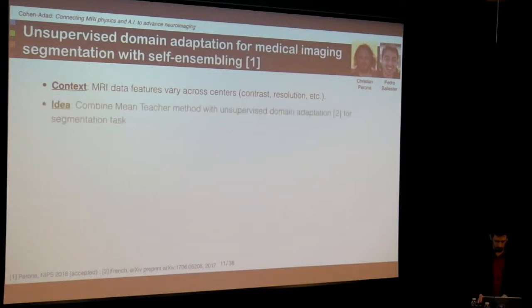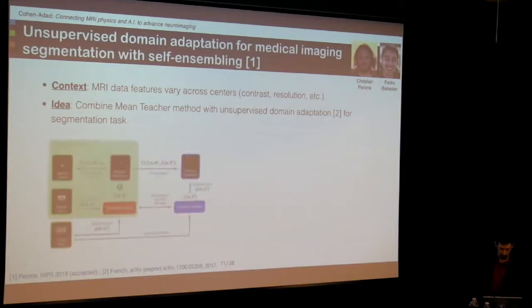So the idea here was to combine the mean teacher method that we investigated in the previous paper with an unsupervised domain adaptation that was proposed by French et al. So briefly, the domain that we want to adapt our model to has unlabeled data.